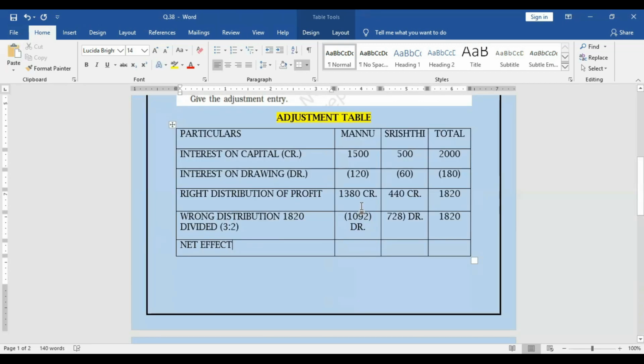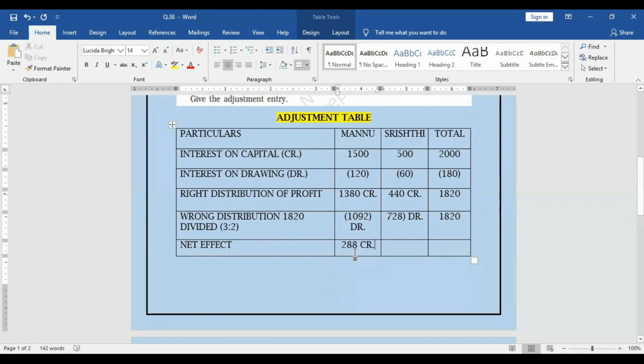So the 1,380 is the credit, but 1,092 is the debit amount. So the difference is 288. Here the credit is higher.